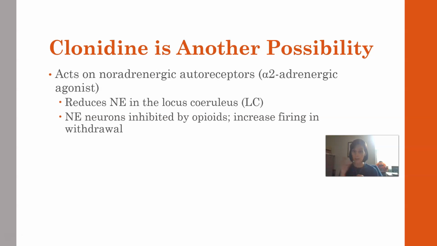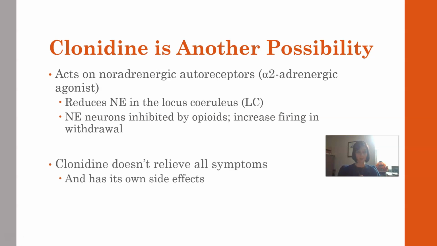So if we can reduce norepinephrine by working on these autoreceptors, we can reduce the severity of the withdrawal effects. Now, one of the problems is that clonidine doesn't relieve all of the symptoms of withdrawal, and it has its own side effects. So usually something like methadone is going to be preferred.